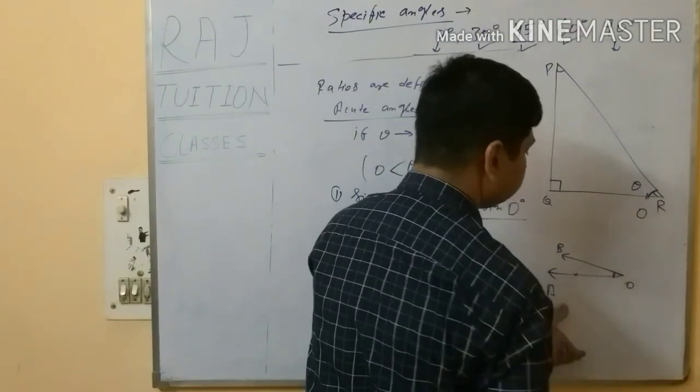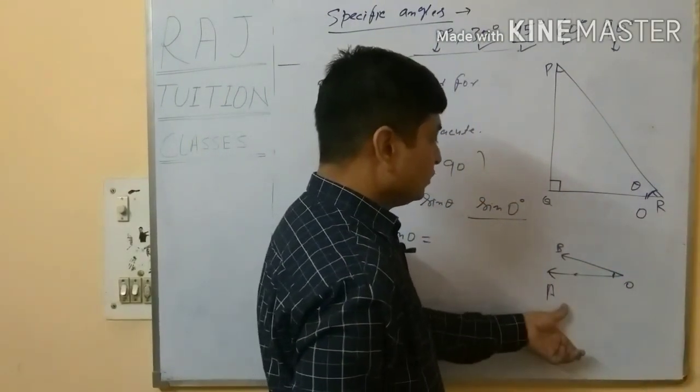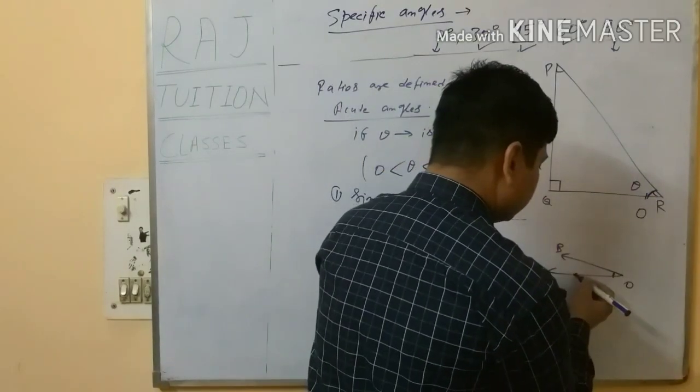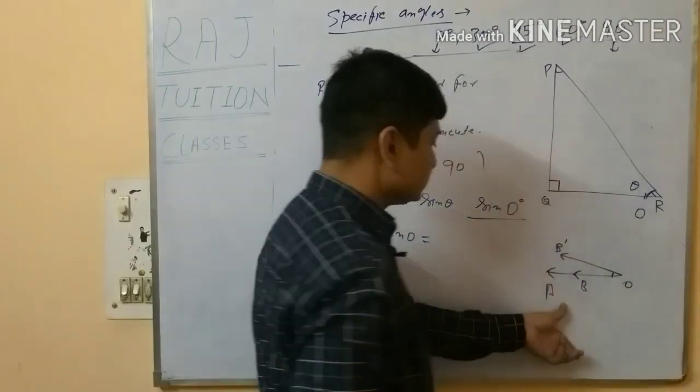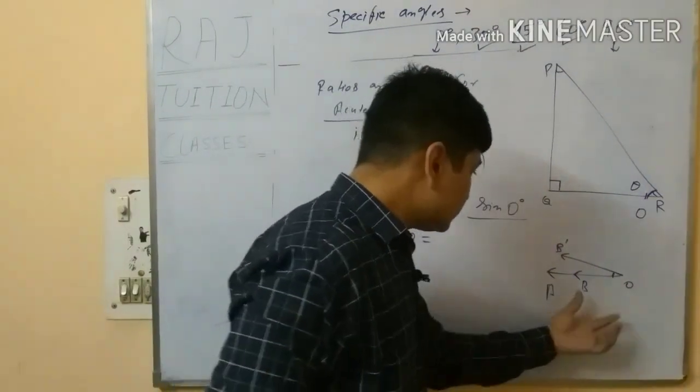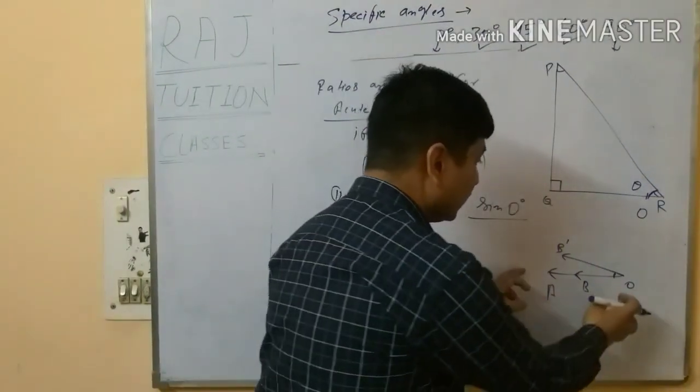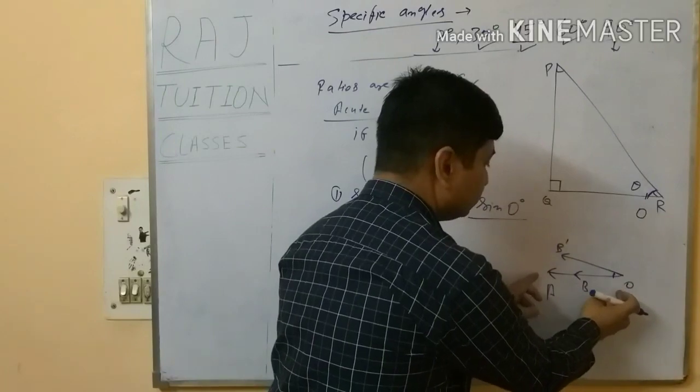An angle will form. When OB was here, I should write here B and here B dash. When OB was lying over OA, the angle between the two was 0 degrees.